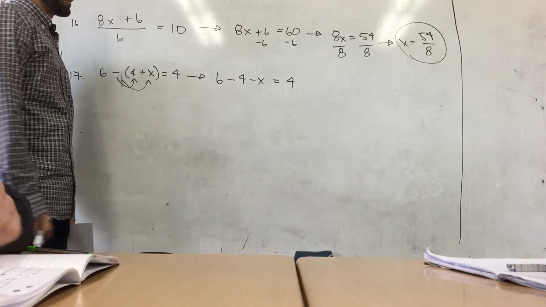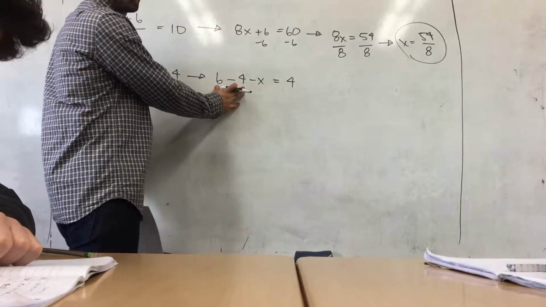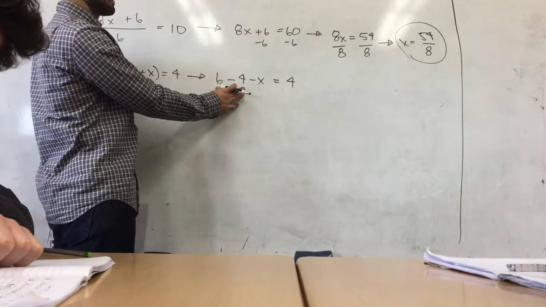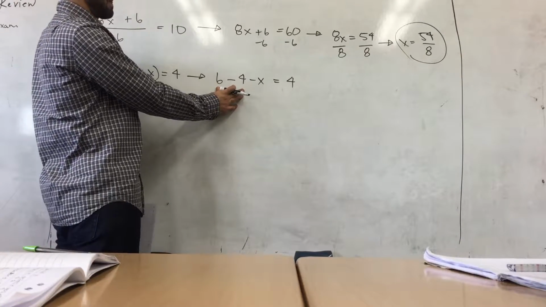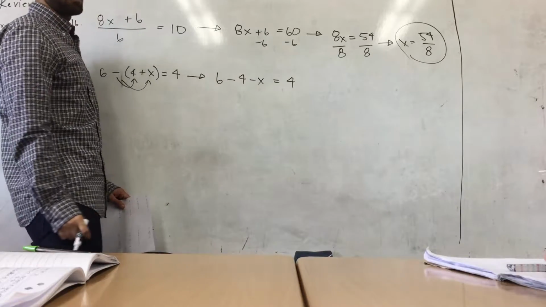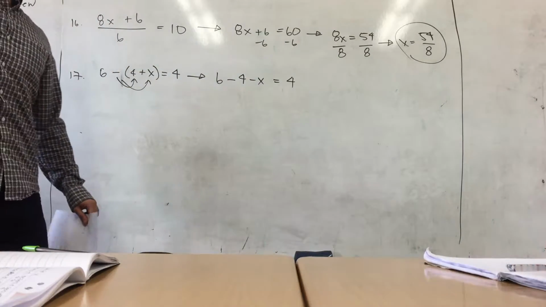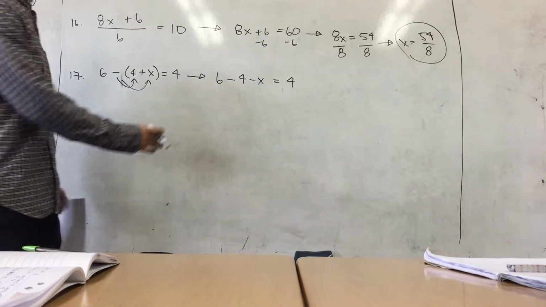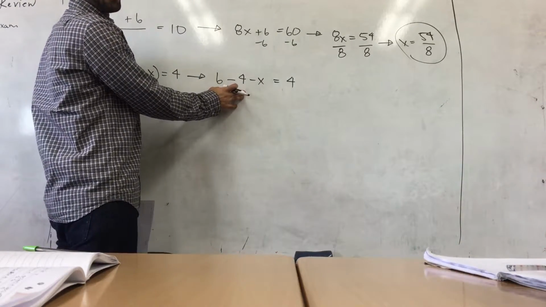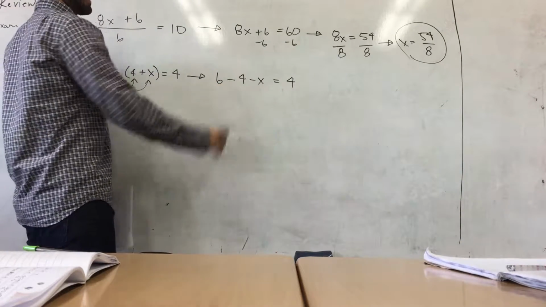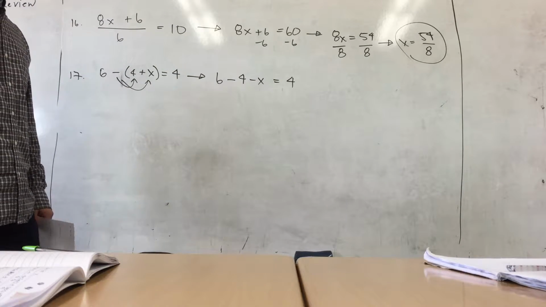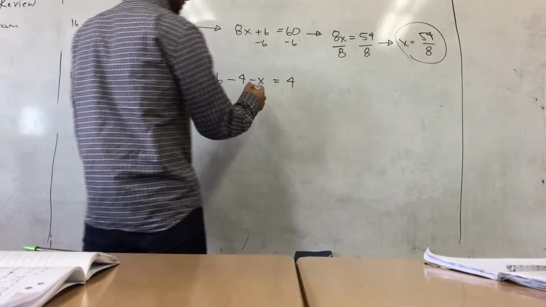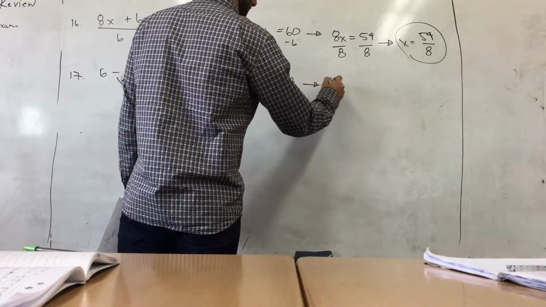Combine the like terms, you do 6 minus 4, which is 2. Jamara, you hear what Chris said? He said combine like terms. Which are our like terms? 6 and 4. Okay, so what's 6 minus 4? 2.